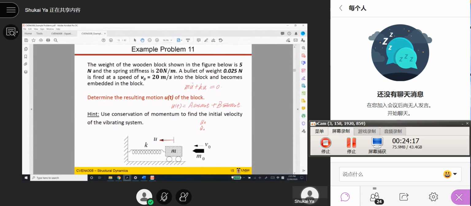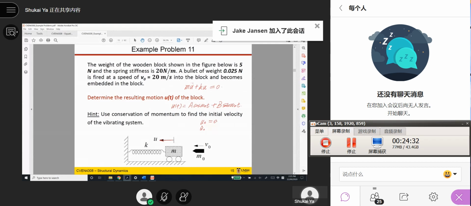For sure, because before the vibration starts, the car remains at one balanced position, so u0 should be equal to 0. And suddenly, when we have one bullet shooting on this car, there is one initial velocity, that is what we need to calculate.